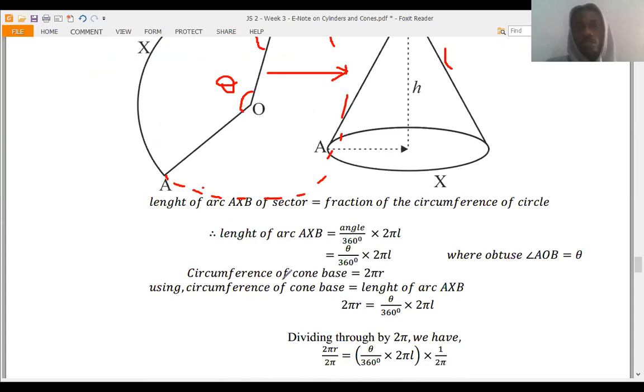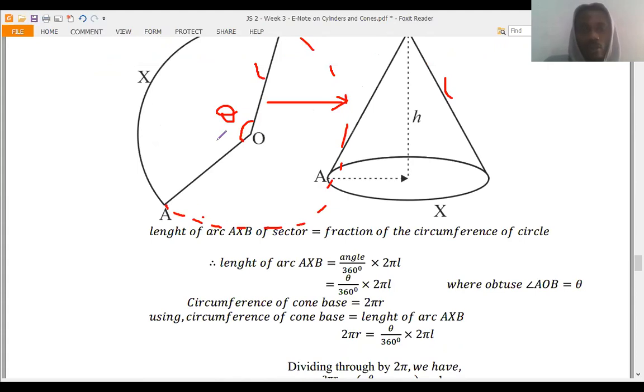So the circumference of the cone base is equal to 2 pi R. The base of the cone, here is the base, which is the circle. The circumference of the circle, of course, is 2 pi R. Now, using the circumference of the cone base as the length of the arc AXB. Now, the arc we are looking at, all right?